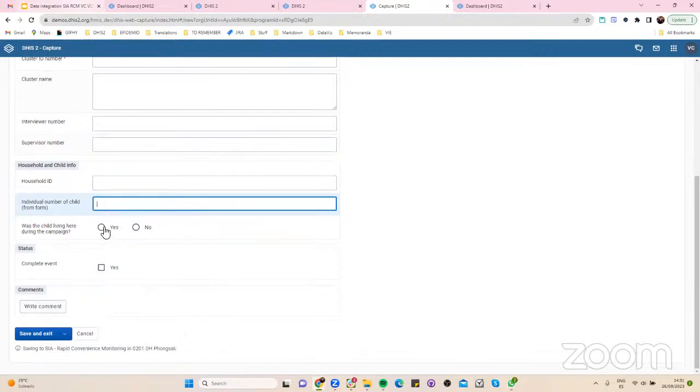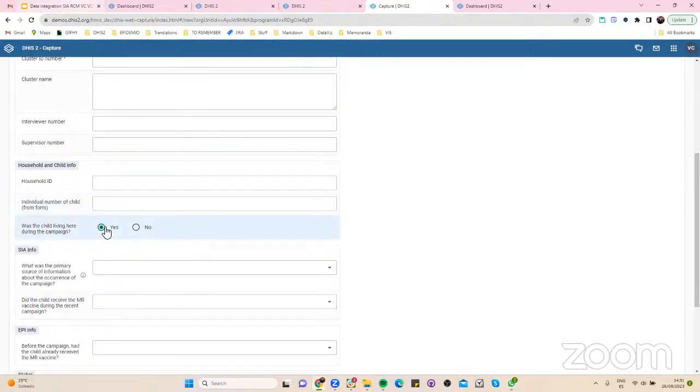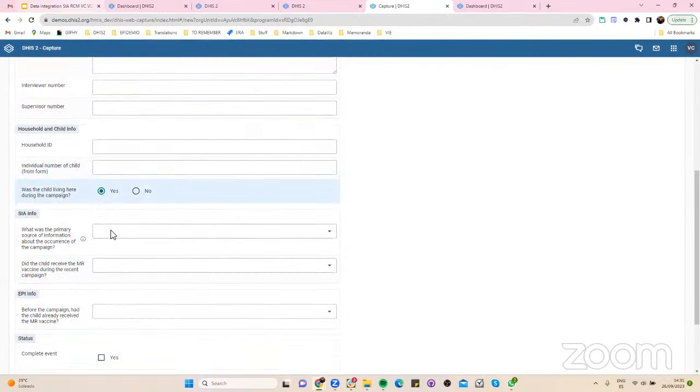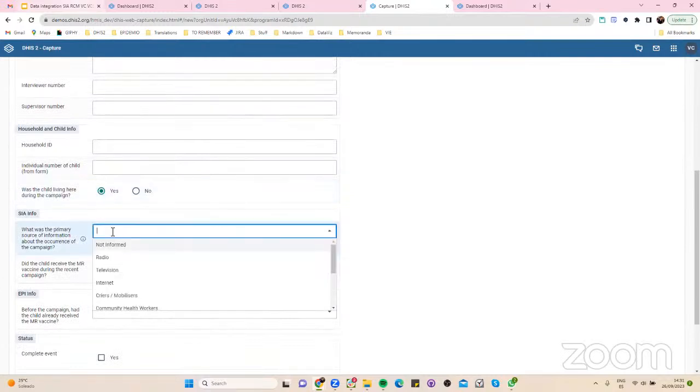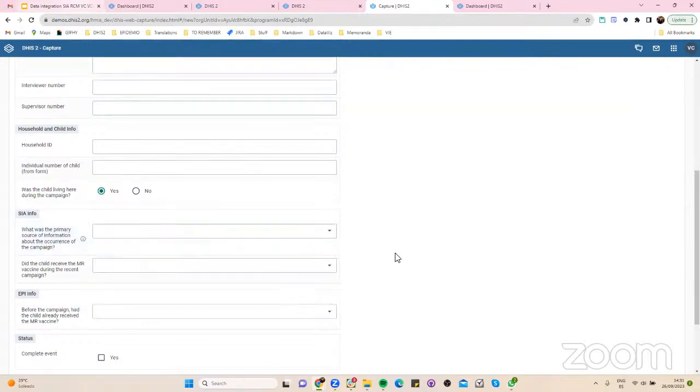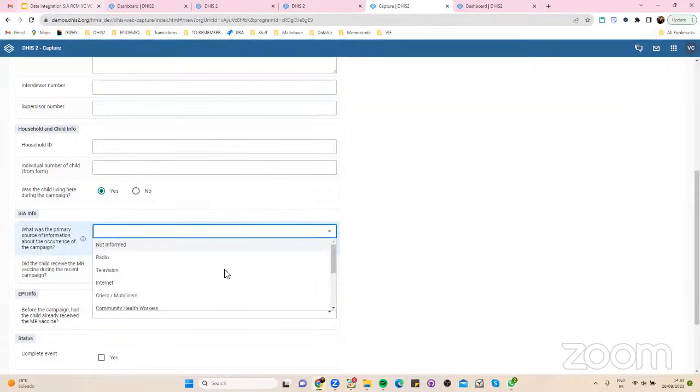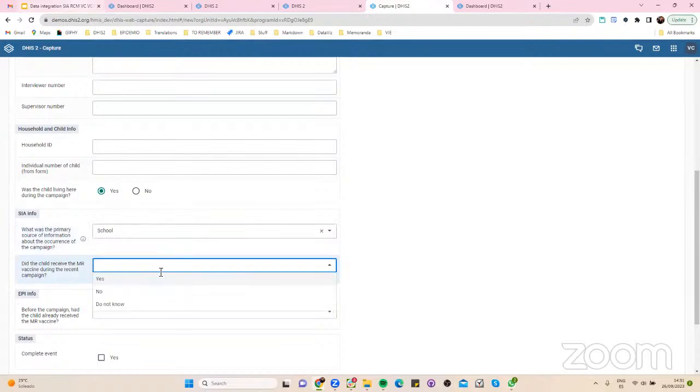And then, for example, you start checking whether the child was present during the campaign. And you can check what was the primary source of information about the campaign. There are different options that were the standard options available in the source manual. So let's say it was school, for example, and whether the child received the MR vaccine during the recent campaign.